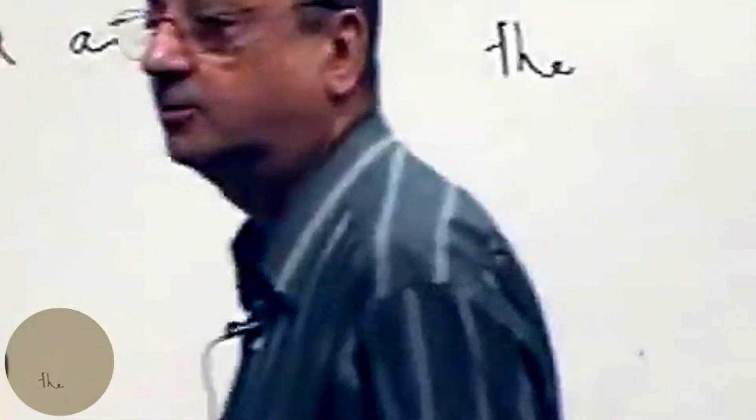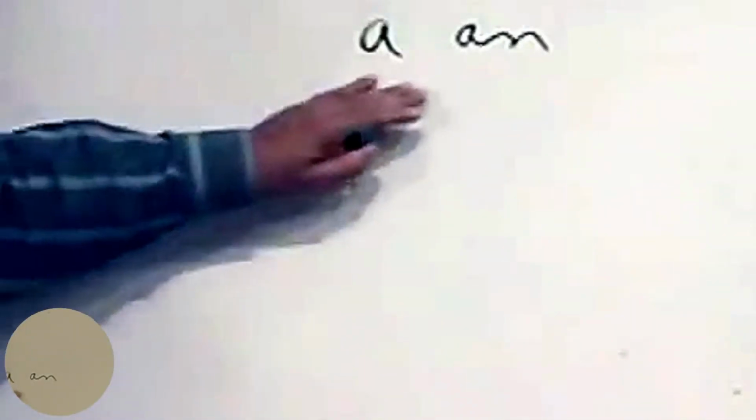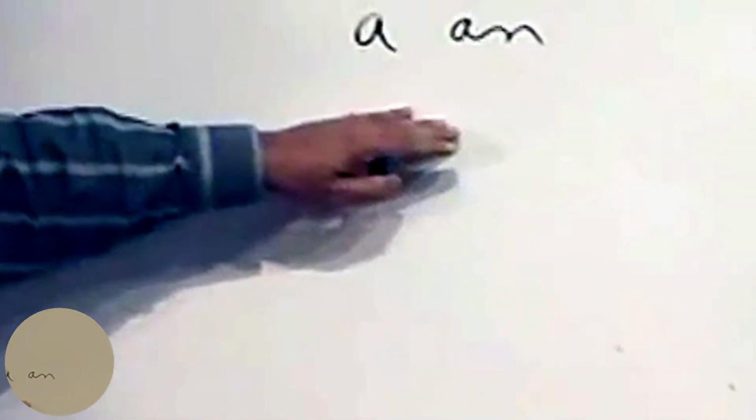Okay, brother? Now, in order to define an indefinite noun in Arabic, we do not have anything similar to this. But at the end of the noun, we put a double vowel sign. Are you with me?